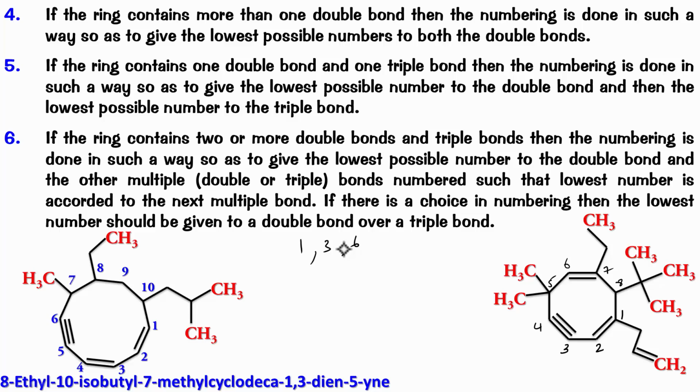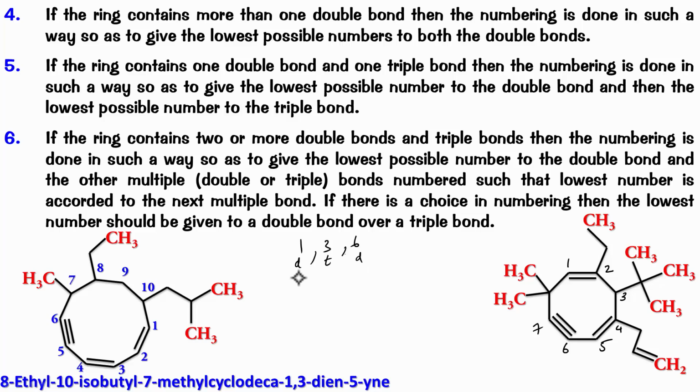Now let's number it in a different way. Let me number this as 1, 2, 3, 4, 5, 6, 7. Now remember, in the previous case, in this 136, this was double, this was triple, this was double.